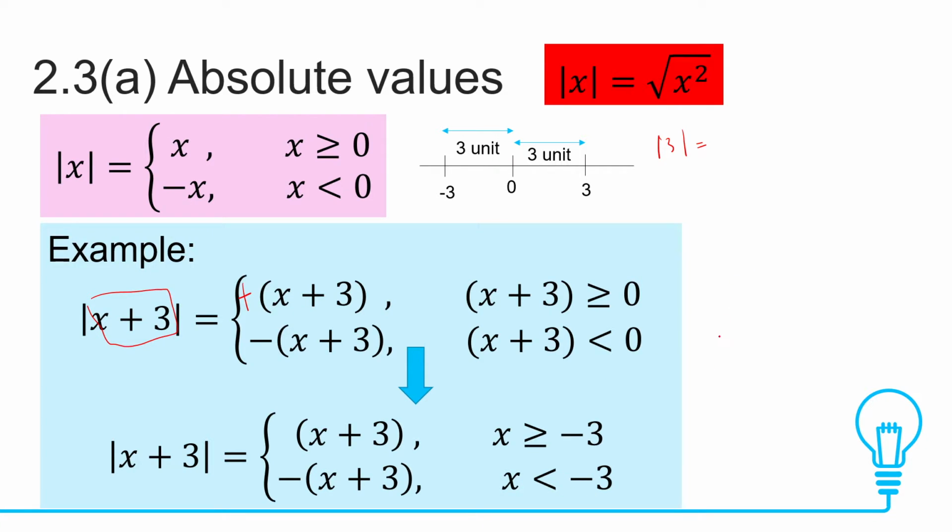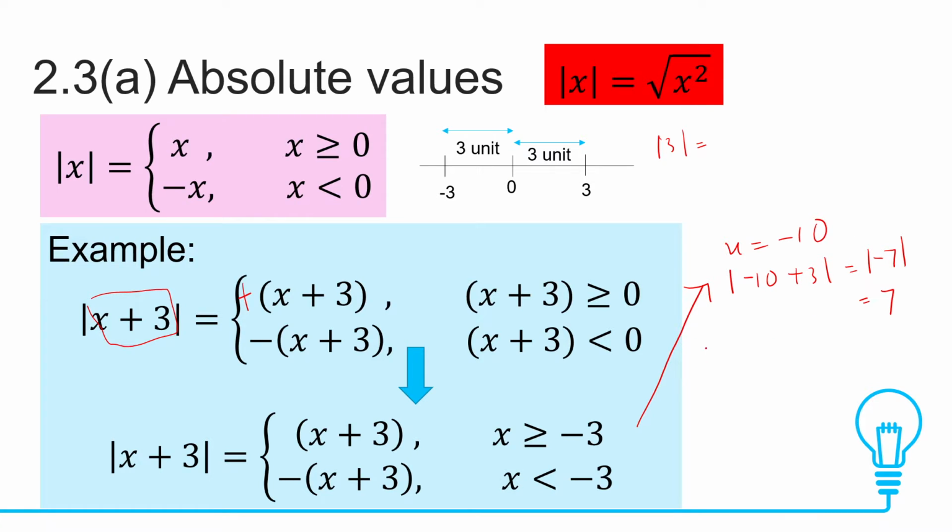Okay, so let's say you have x equals to -10. How do you know that? Normally we just say that we substitute -10 plus 3 equals absolute -7, and because absolute is a positive value, this is what we normally do. But actually this one is incorrect in a certain way.